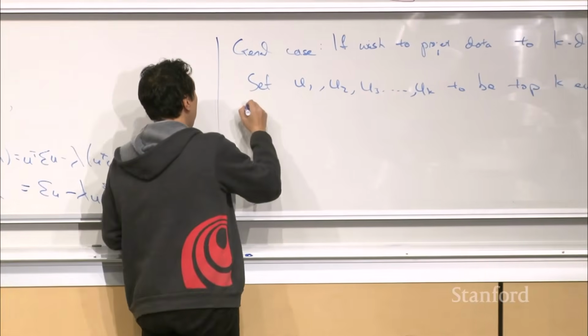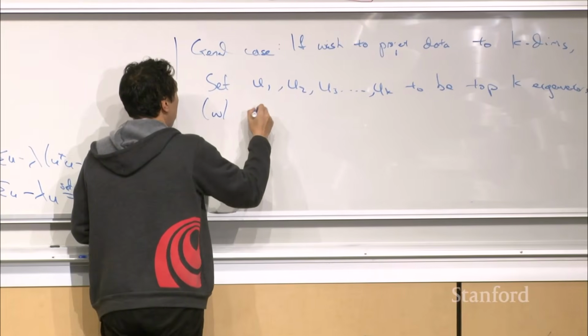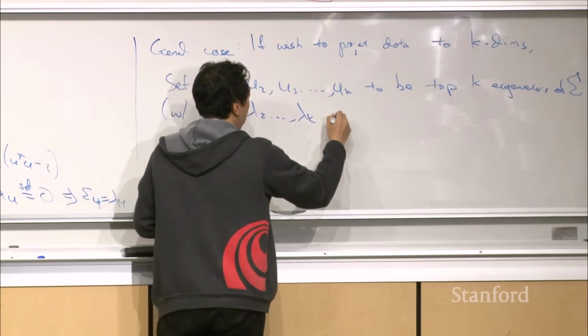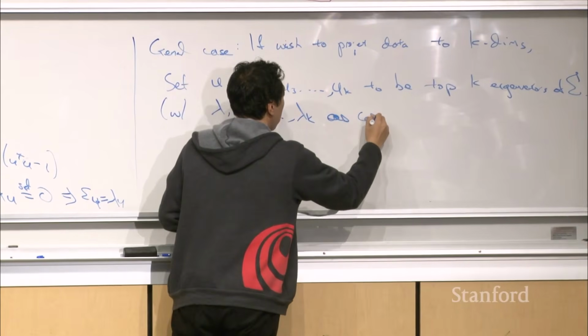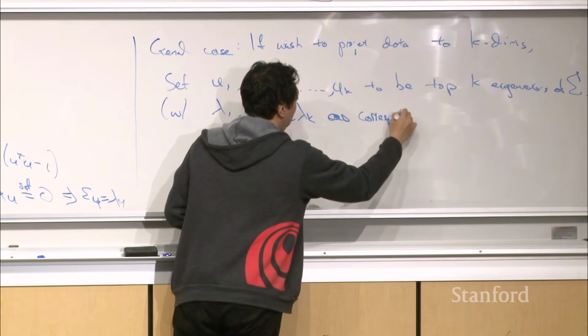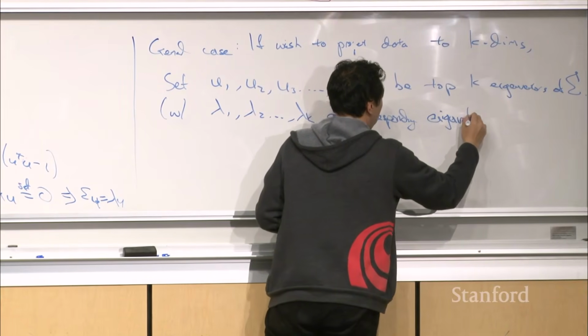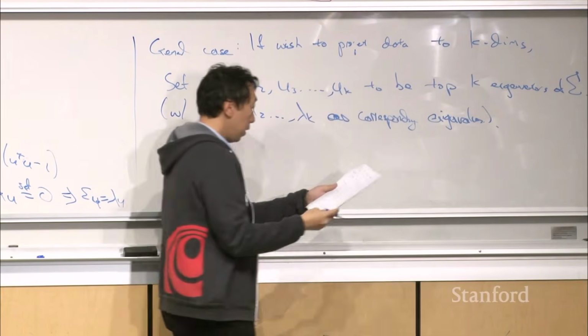Okay, with lambda 1, lambda 2, and so on up to lambda k as the corresponding eigenvalues. Okay.